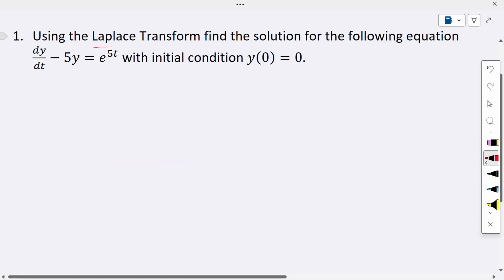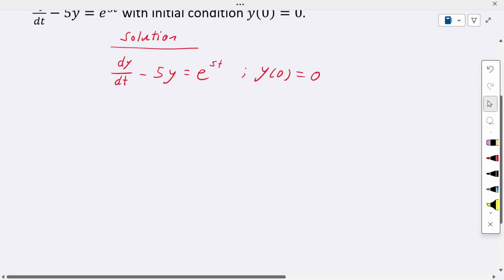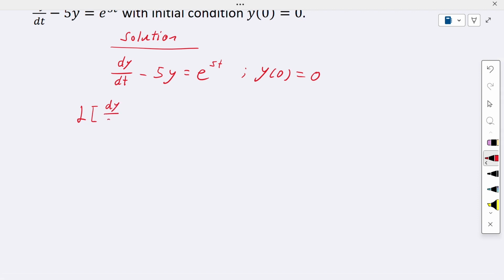Let's see the solution for this Laplace transform to find the solution of this ODE. So in this case, we have dy/dt minus 5y equal to e^(5t) with the initial condition y(0) equal to 0. So using the Laplace transform method, we're going to substitute this into the Laplace operator.